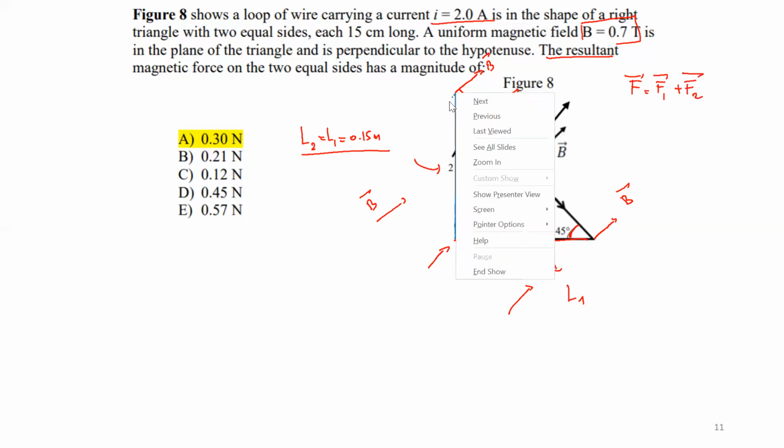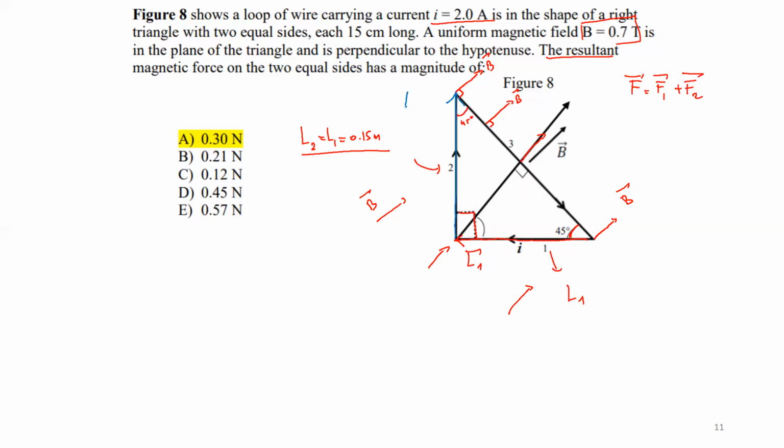Okay, and this is L2 vector. Now let me get FB1. What is FB1? I L1 cross B. So first, let's get the direction. What do you think? Where is the direction of FB1?